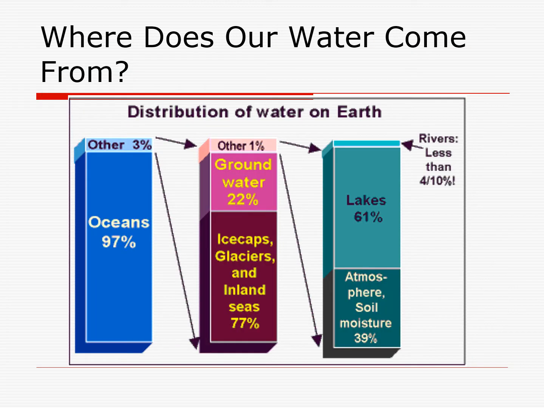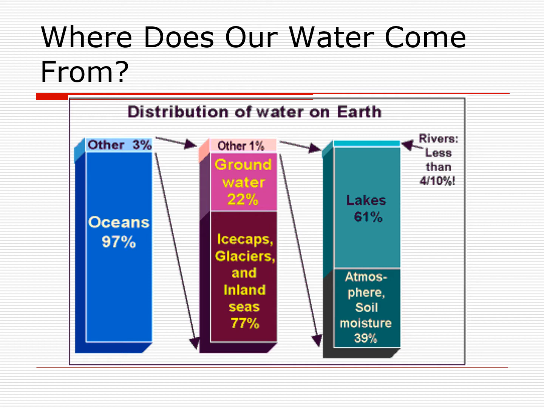So where does our drinking water come from? I have the slide with the distribution of water on Earth. And in the first bar on the left, the first bar graph, we see that the oceans have 97% of the water on Earth.